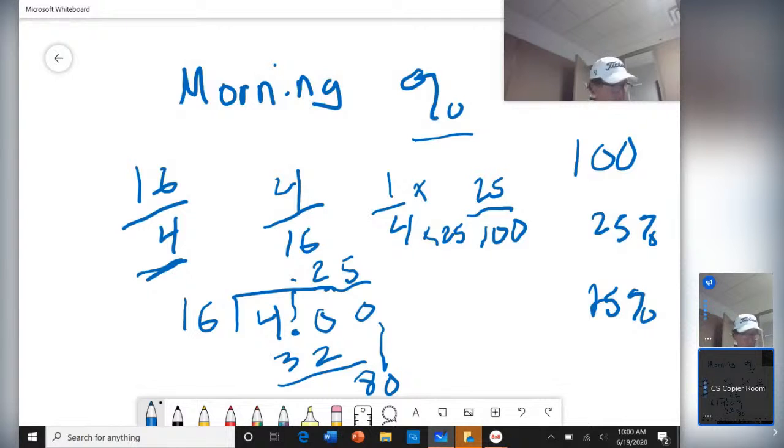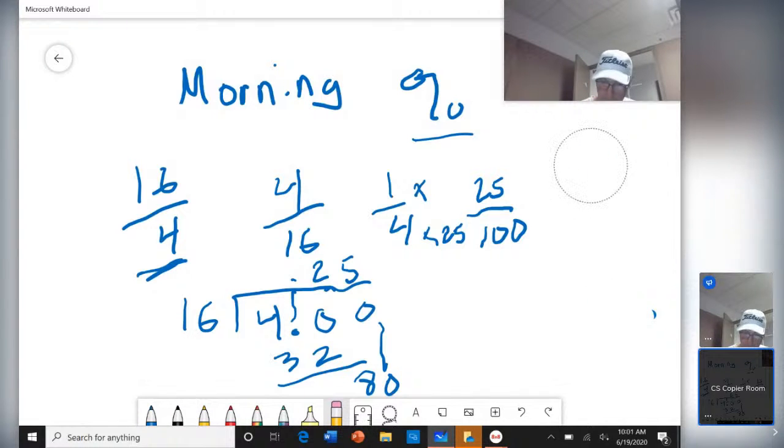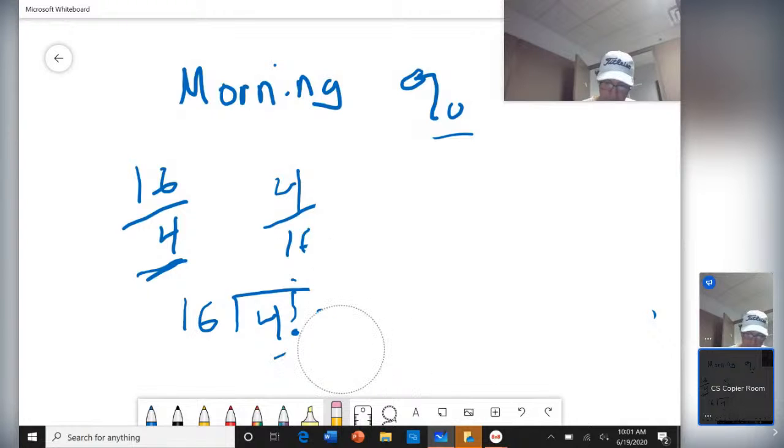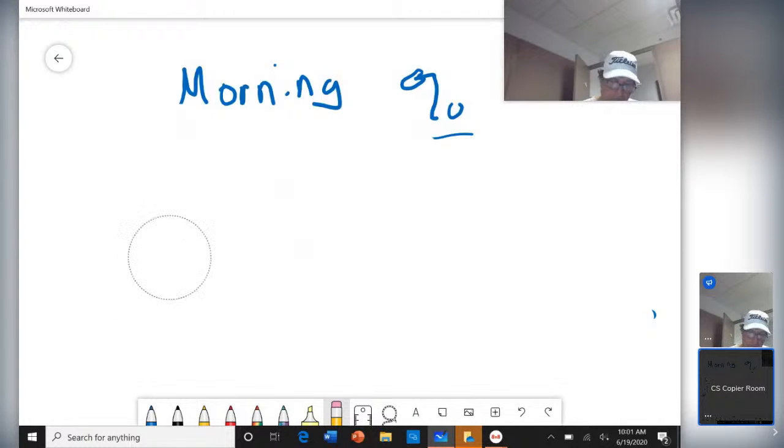Okay, so let's do another one. Before I do another one, I just want to give you some reference. If we are using money, we have a penny, which is 1 over 100.